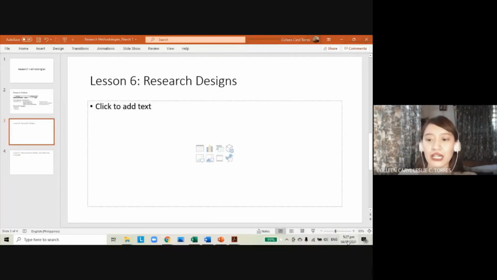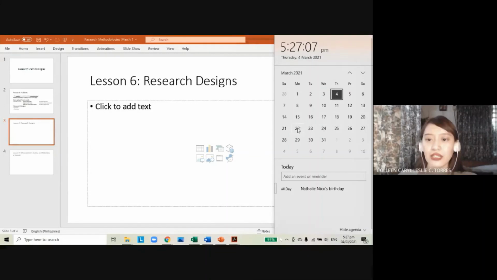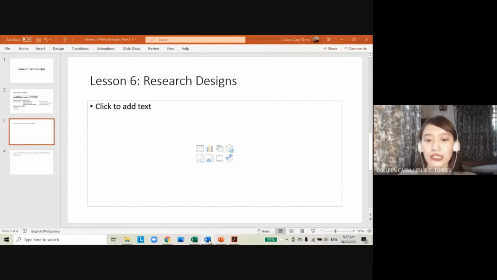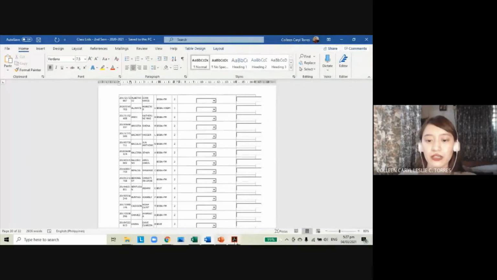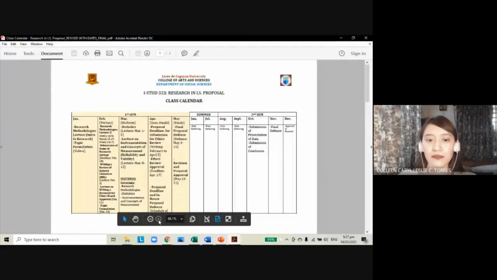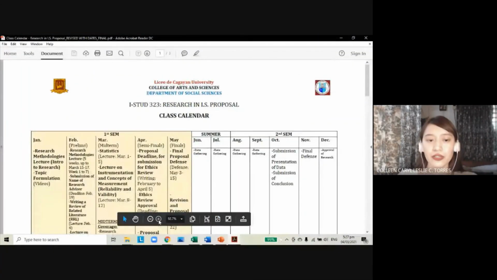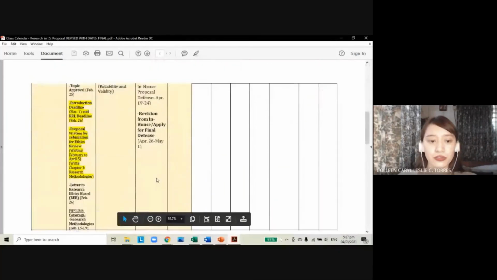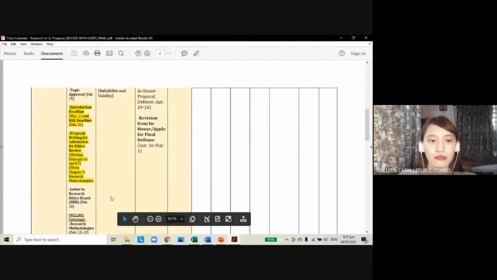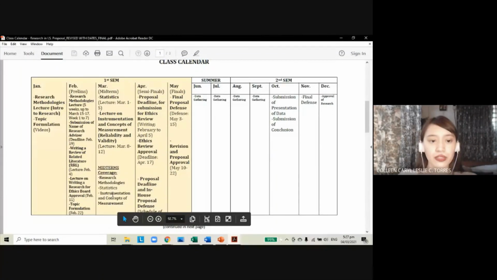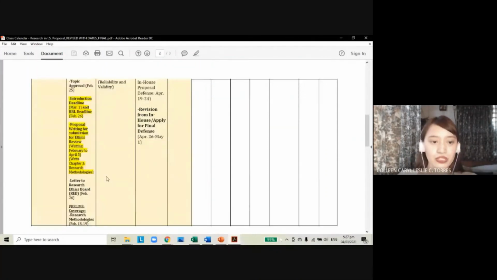Probably we can still have class on March 22 or 25, since we will have the exam. Okay, here's our calendar. In any case, everybody, we are currently discussing research methodologies or research designs.